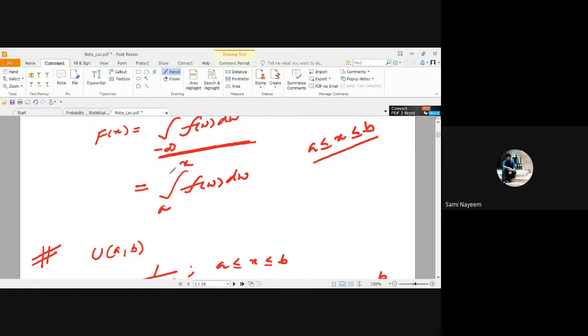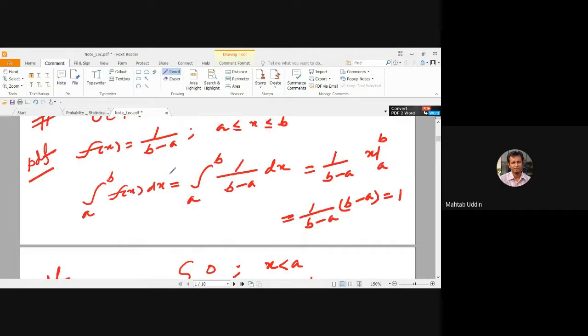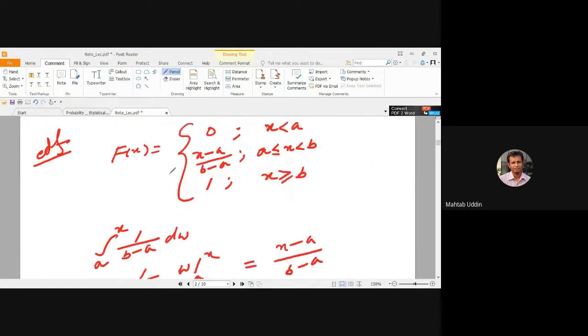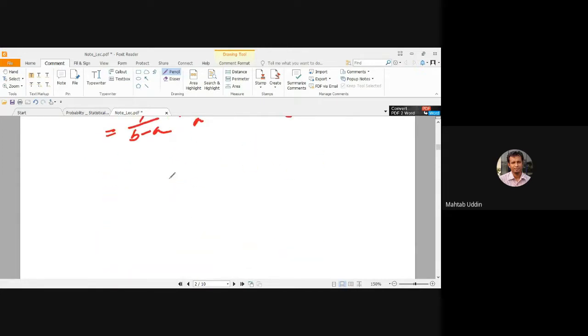Hello? Yes, sir. So we got the PDF, we have verified this is a PDF, we got the CDF. Then we'll try the moment generating function. MGF, moment generating function. So M(t) is equal to, we know, expectation of e to the tx.